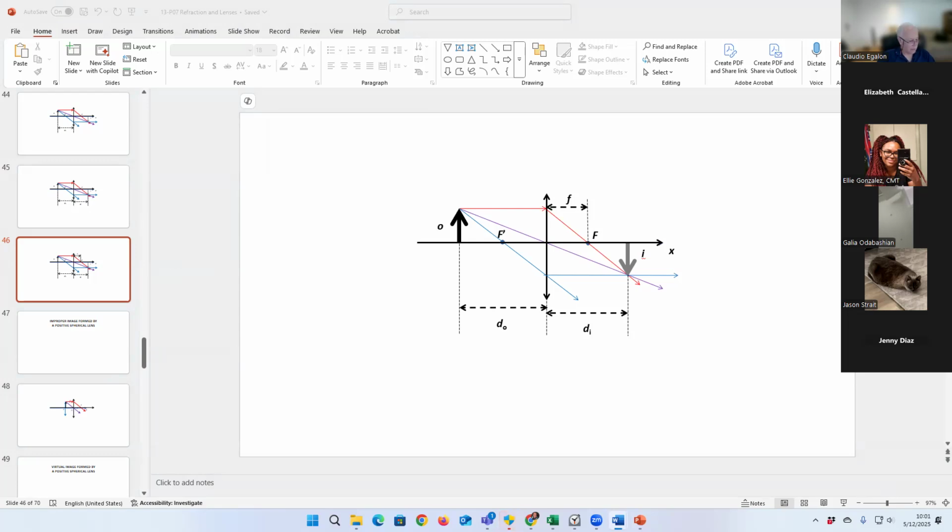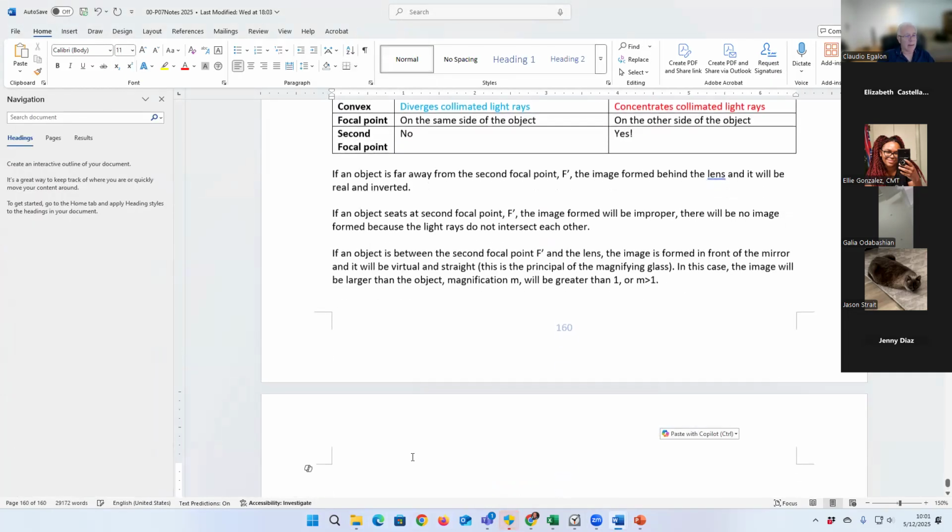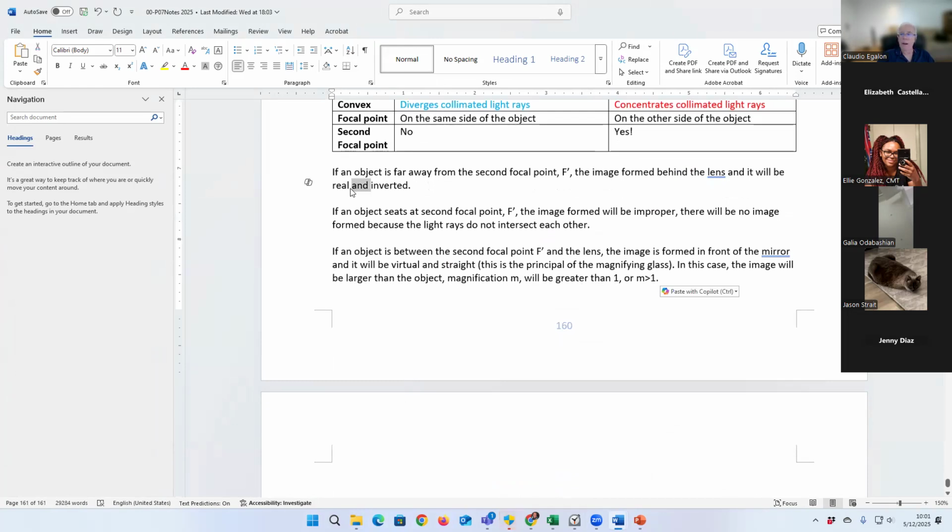And just like the mirror, if an object is far away from a second focal point, past the second focal point F prime, the image formed will be behind the lens, real and inverted.